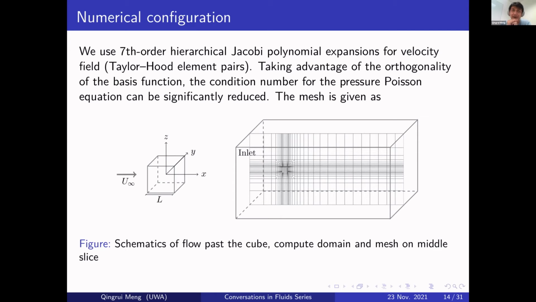That's the key point why we can do the simulation for flow past such a three-dimensional blunt body with so many singularities. You can see the cube has sharp edges and vertices. If we don't do those kinds of modifications, it may be very, very difficult to do the simulation.